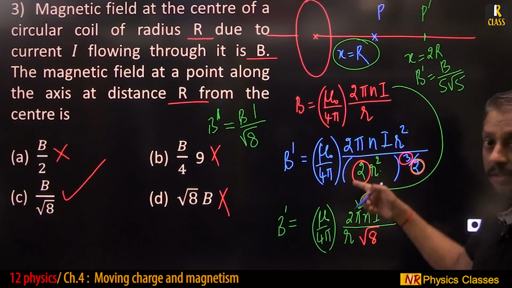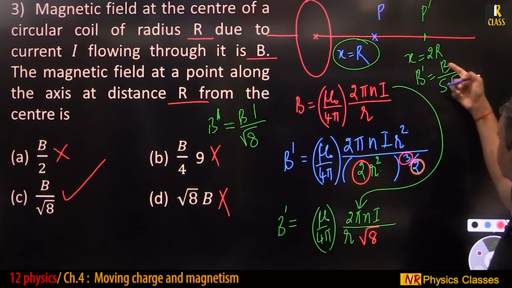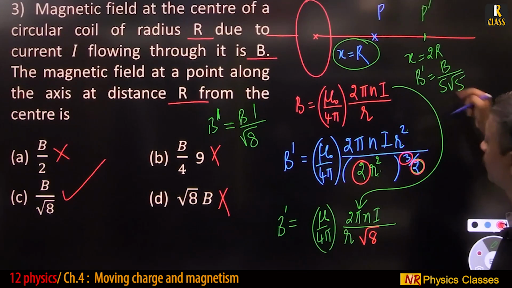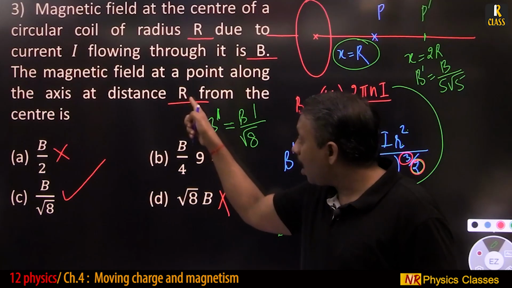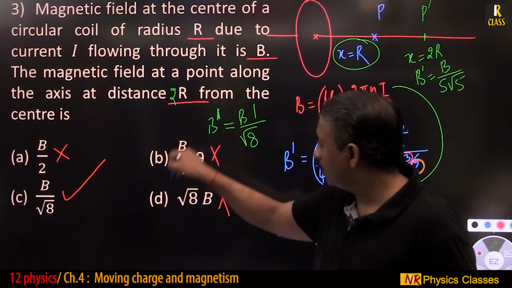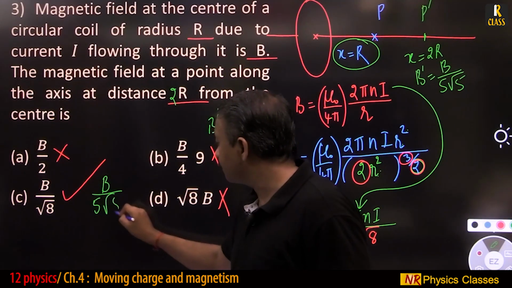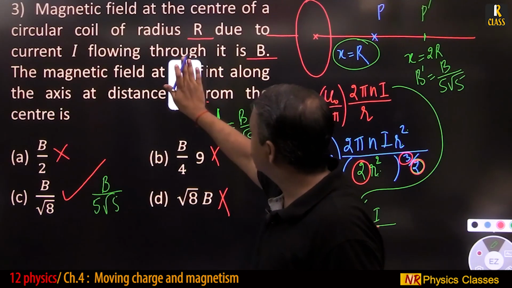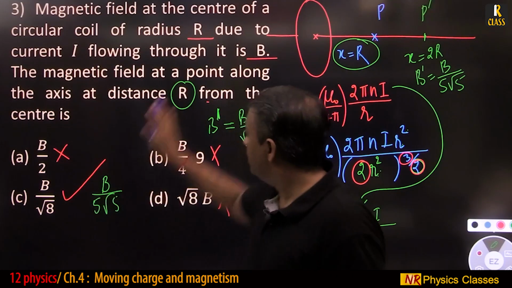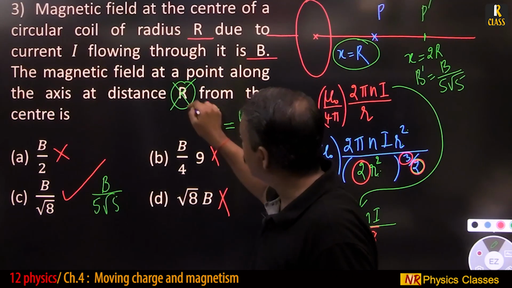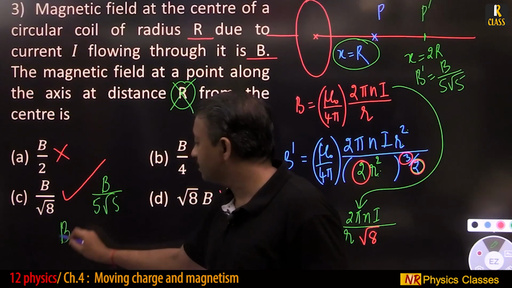Just play with this equation, substitute x 2r and then find it is B by 5 root 5. So next time, if there is distance 2r, then answer should be B by 5 root 5. If distance is just r, then B by root 8. If distance is 0, then magnetic field at the center is just B.